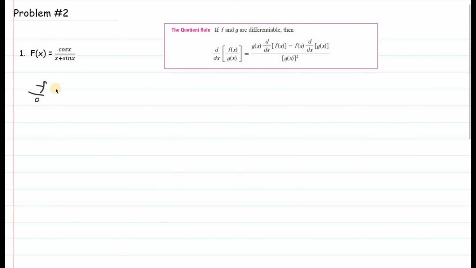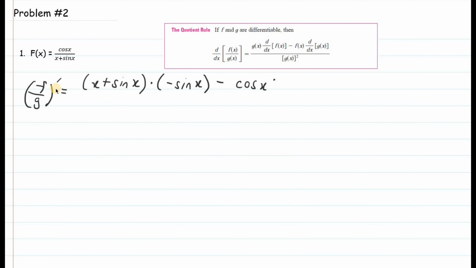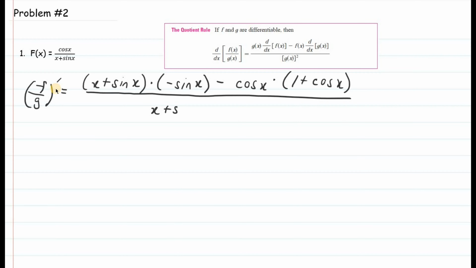So f over g prime is equal to g of x, which is x plus sine of x, times the derivative of f of x, which is minus sine of x, minus f of x, which is cosine of x, times the derivative of g of x, which is 1 plus cosine of x, all over g of x squared.